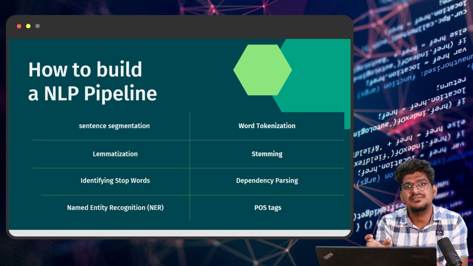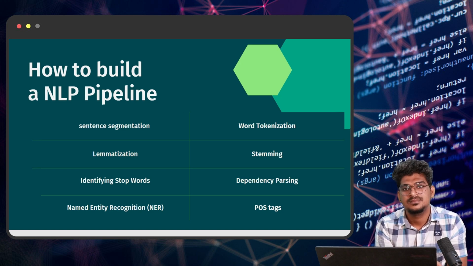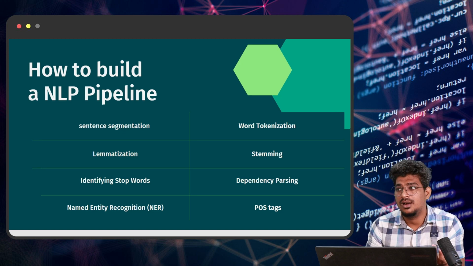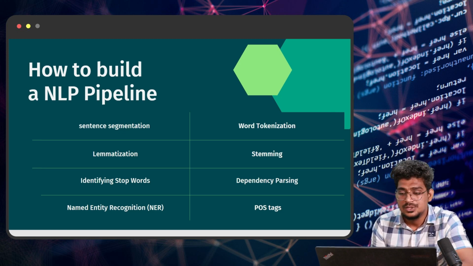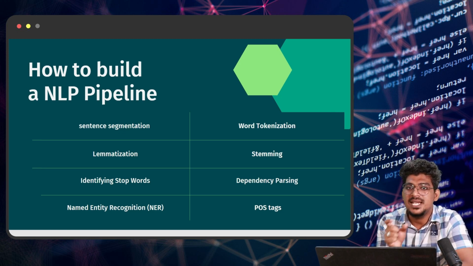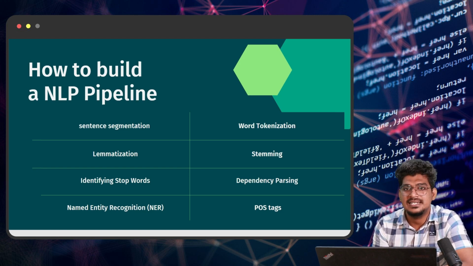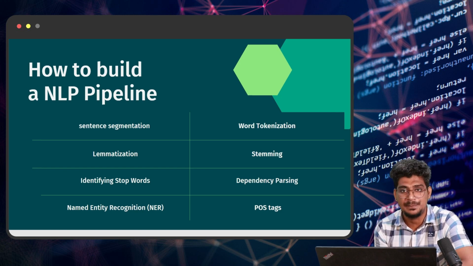Based on the sentence, we need to find one particular word, based on the content, for example emotions, or text, or something like that. So based on this sentence, we are going to find whether one particular word is related to that particular sentence or not. That is dependency parsing.